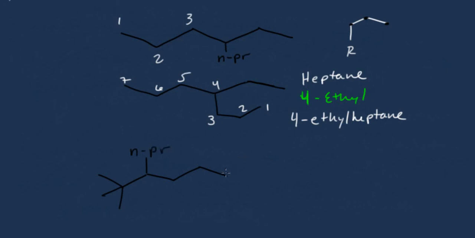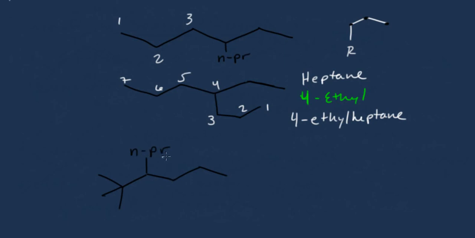Okay, so I think this works. How would you name this molecule? Well, we learned from the last one that if we drew it out, we see that we have our longest chain starting at this N-propyl group and going all the way down to carbon 7.